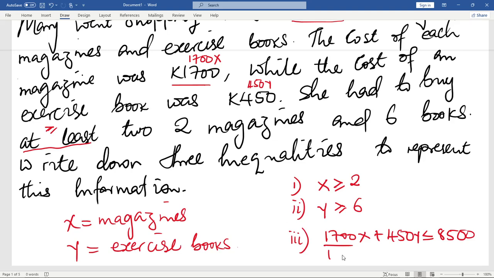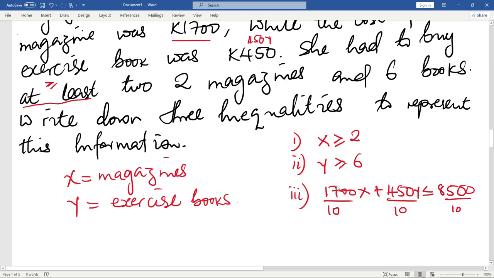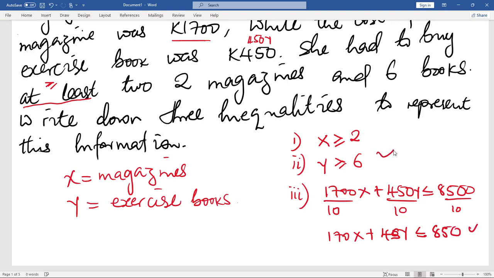So we can divide throughout by 10 here so that we reduce this inequality that we have here. So if you divide by 10 throughout, this is going to be 170x plus 45y less than or equal to 850, like this here. So these are the three inequalities that can be formed from there.